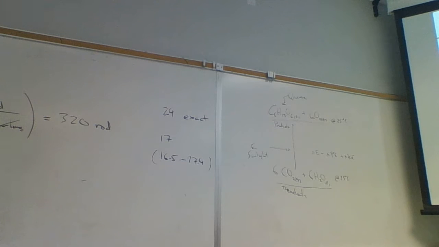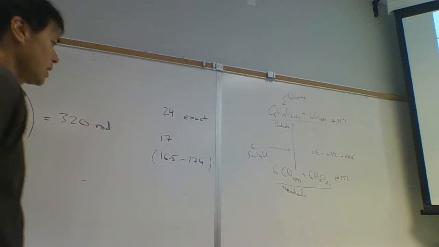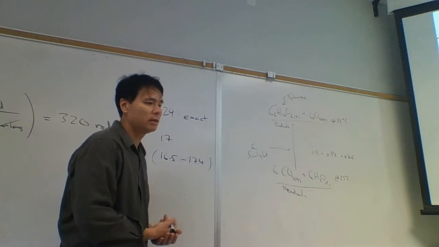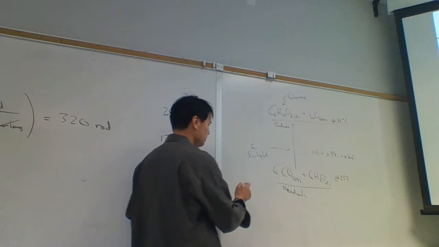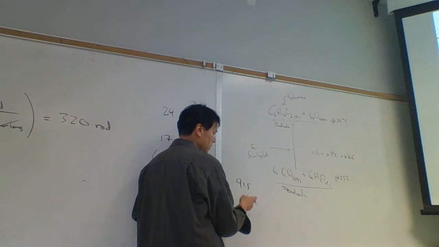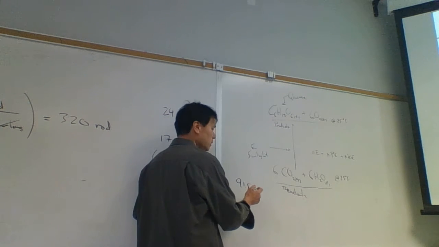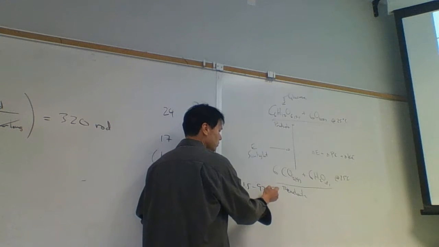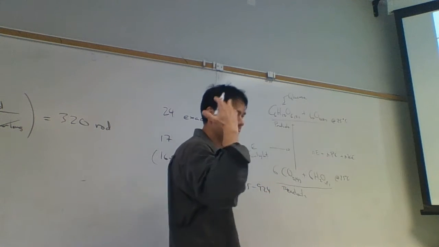But it's not exact. And if it's not exact, what do they mean by 92? Well, anywhere between 91 and a half and 92.4. I've got to double check the number because I don't remember the exact number.